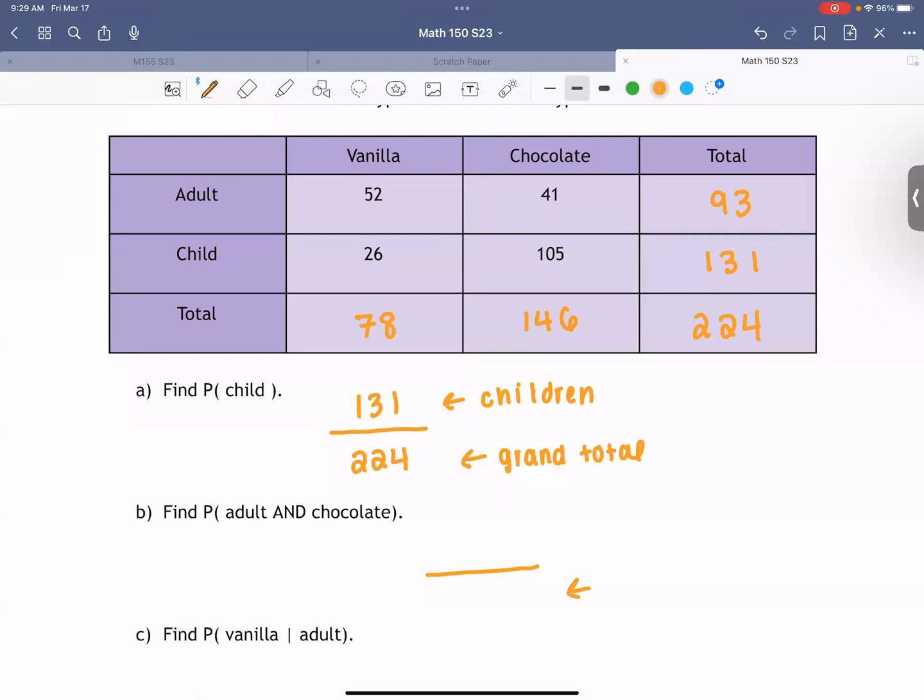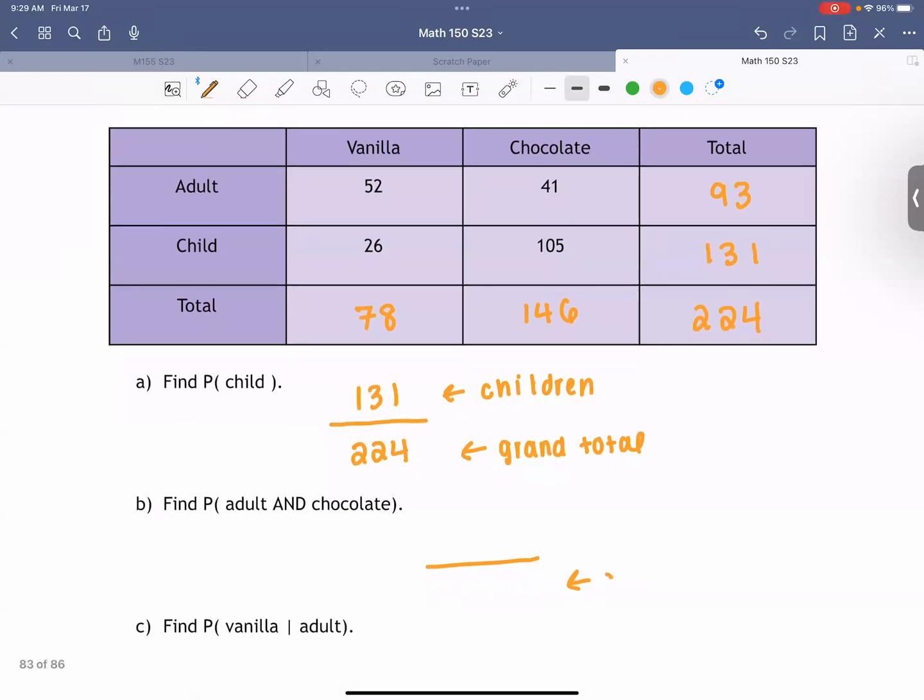We're gathering everyone together and selecting someone out of it. So the number on the bottom is still going to be the grand total, which is still 224. What's the total of people who are adult and like chocolate? 41, right? So we just go up and find that adult and chocolate.